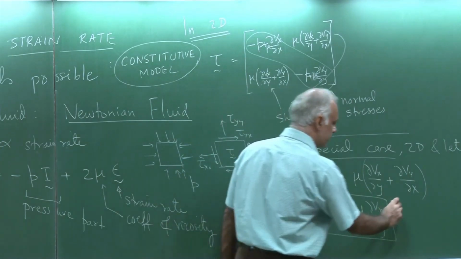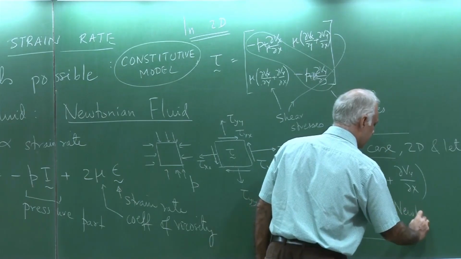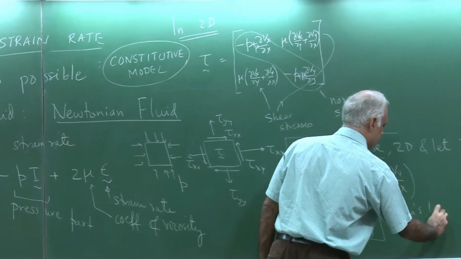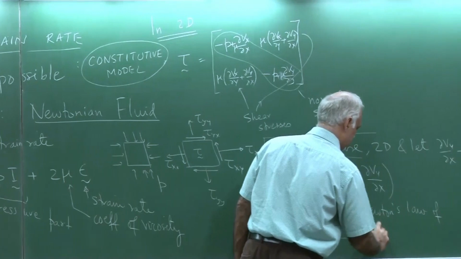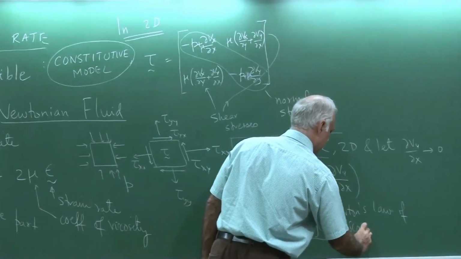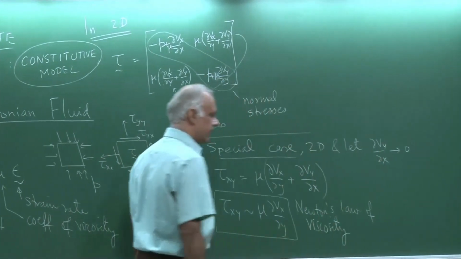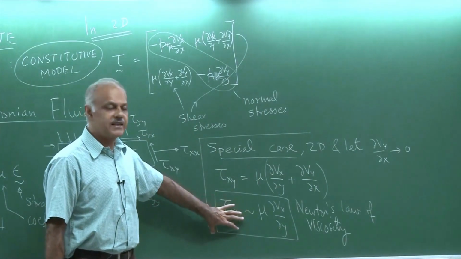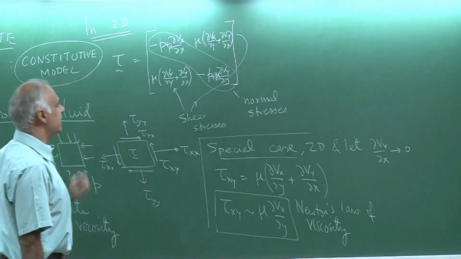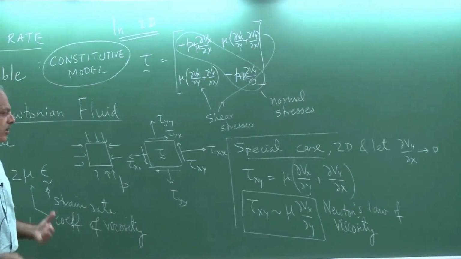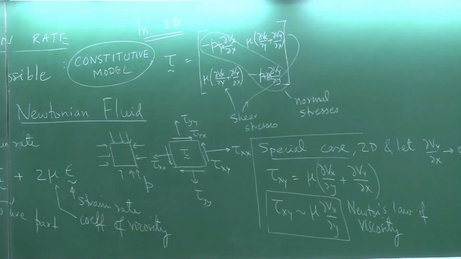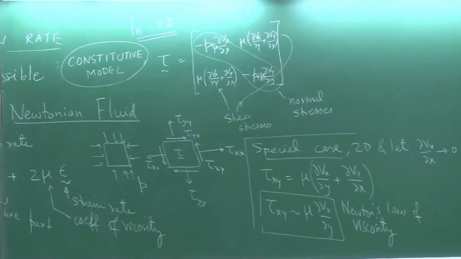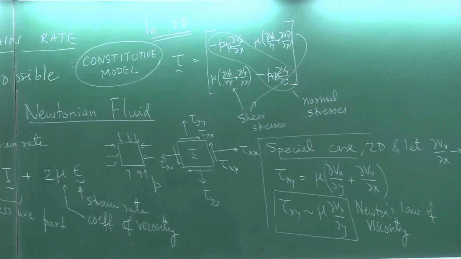And this is Newton's law of viscosity that we looked at earlier in the course. So, that was a very special case, and this one is a more general case. Okay. So, now you are able to relate to how we described a fluid in the first few lectures, and what a Newtonian fluid in general is.